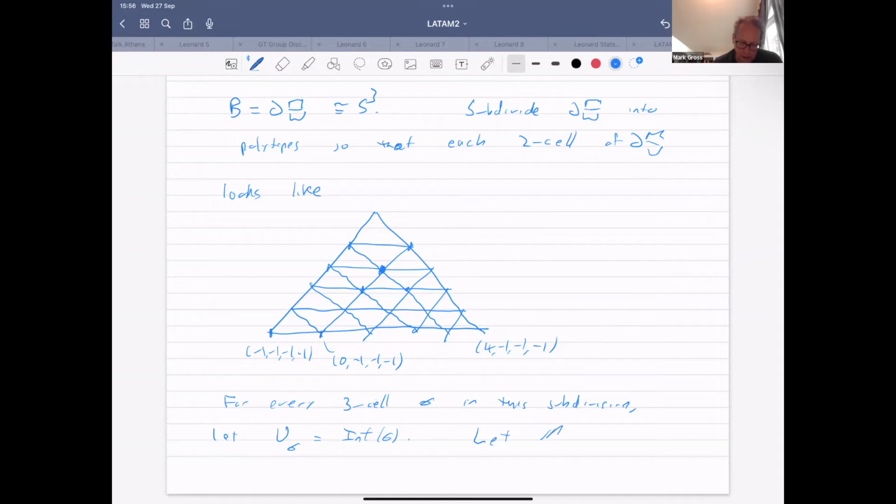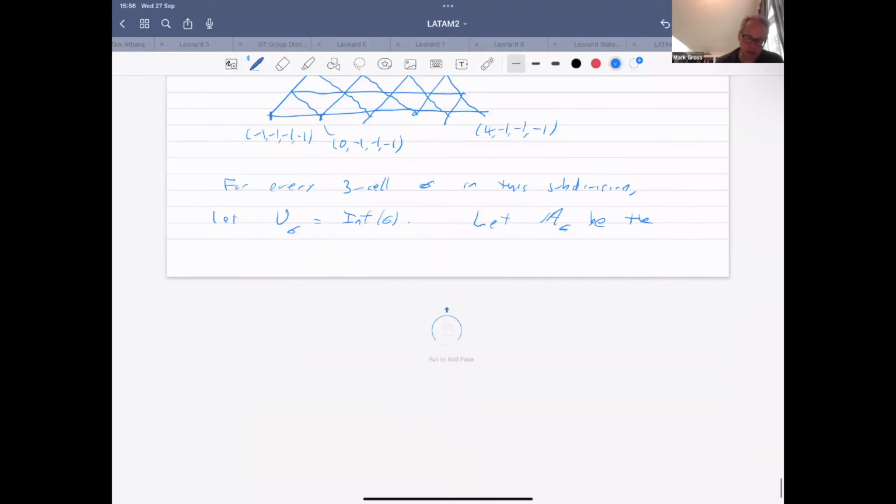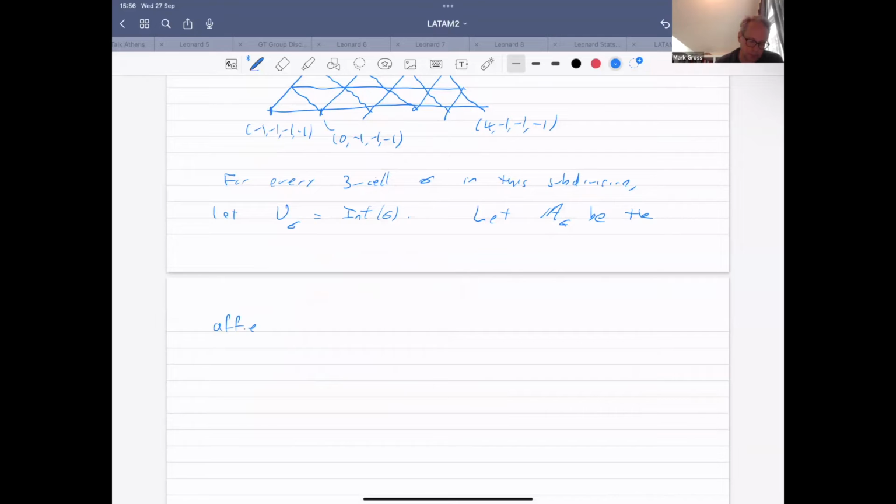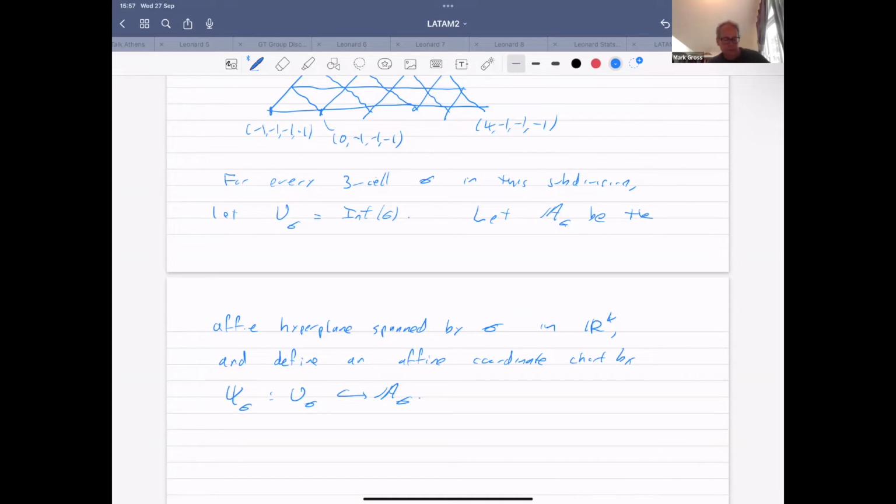I'll let A sigma be the affine hyperplane spanned by sigma in R4, and define an affine coordinate chart by just embedding U sigma inside A sigma in the obvious way.